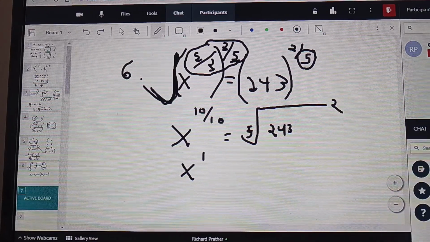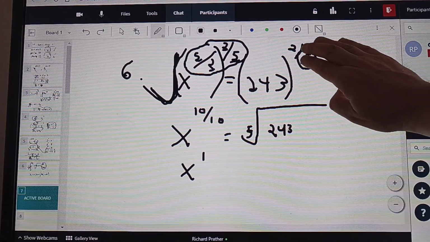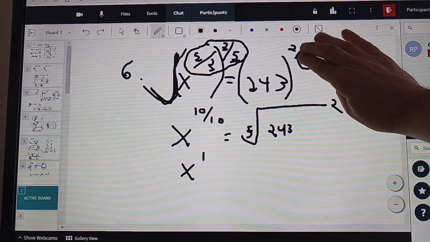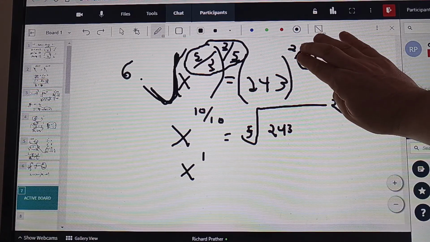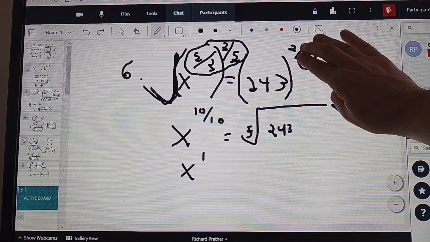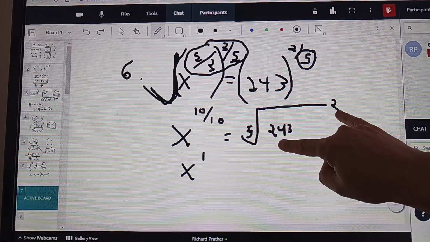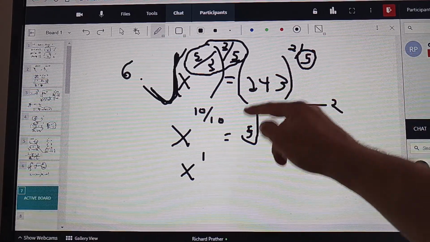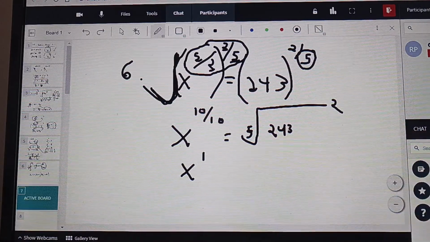And a good way to remember that is if you cover up the bottom part of the fraction, the part that makes it look like a fraction, it looks like 243 squared. That's 243 squared right there. It's the divided by 5 that causes this root to happen.